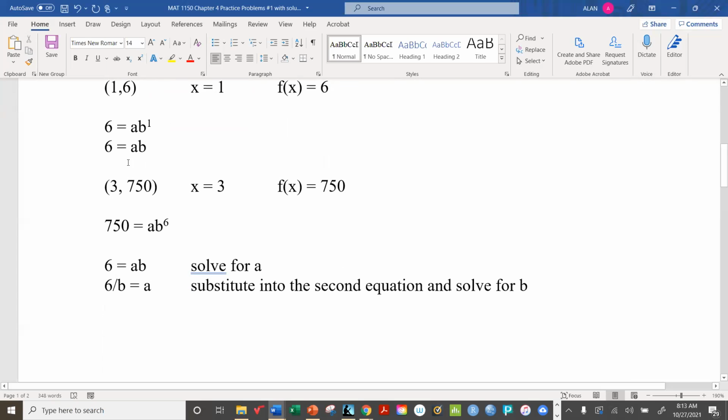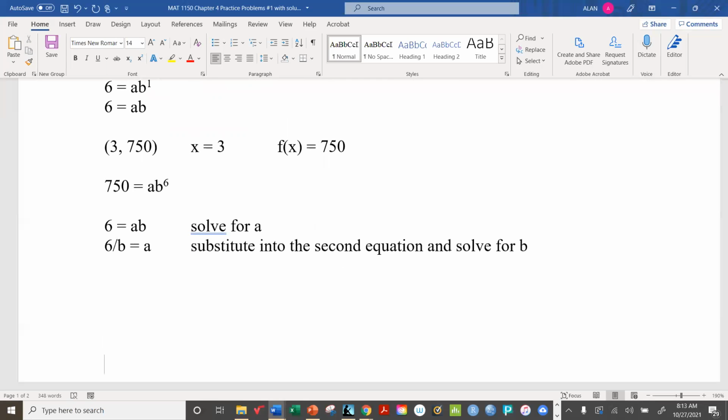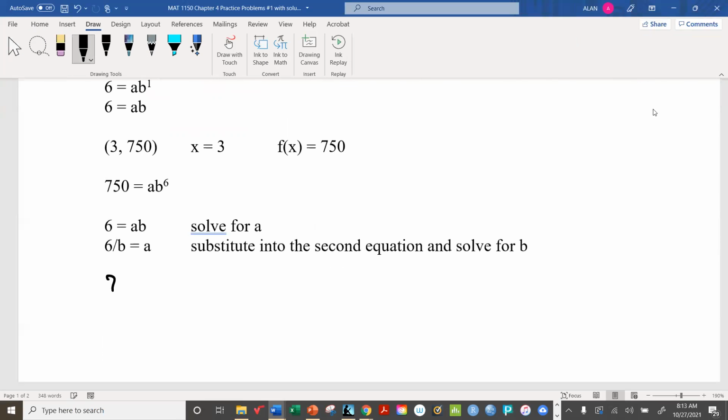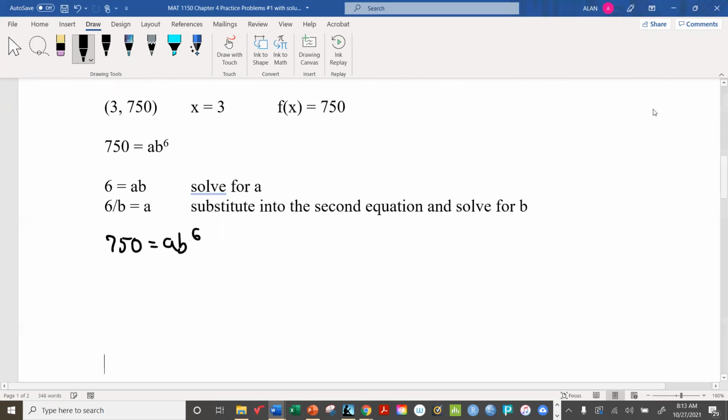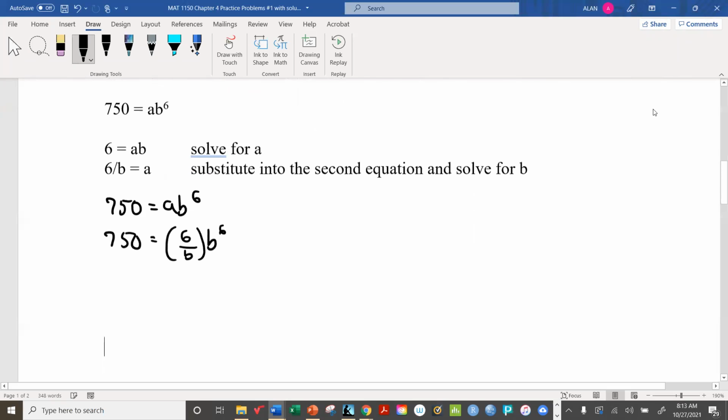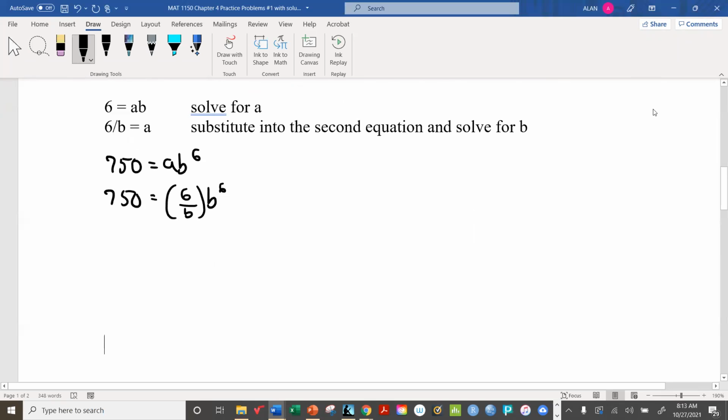All right, so in other words, actually, I'll do this one by hand. 750, since 750 is ab to the 6th power, and a we've just determined is 6 over b. You can see what we've accomplished here. We've gotten rid of the second variable.